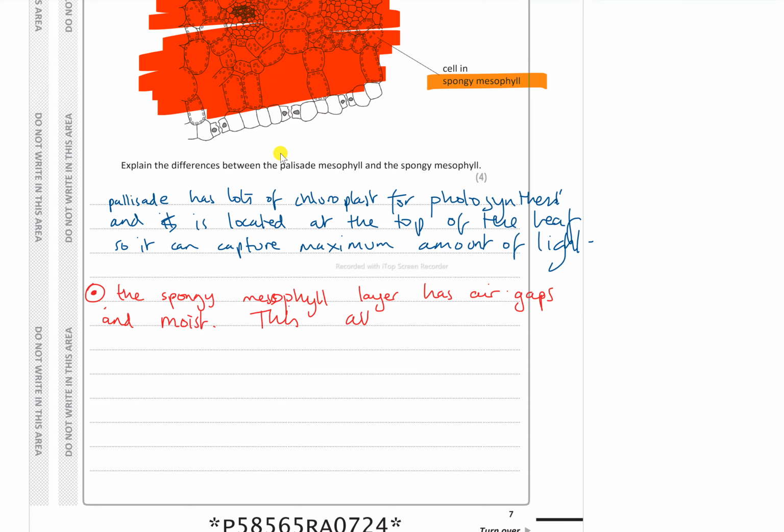This allows gases, so for example CO2 and O2, to diffuse. Okay, let's do it in two separate parts.